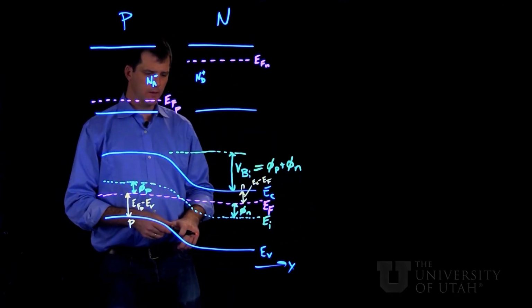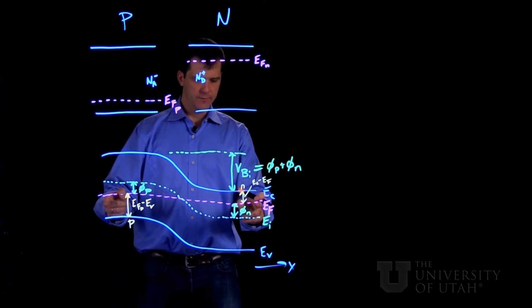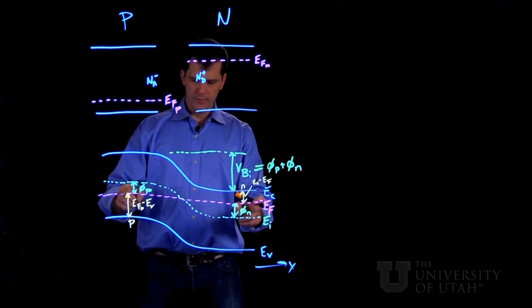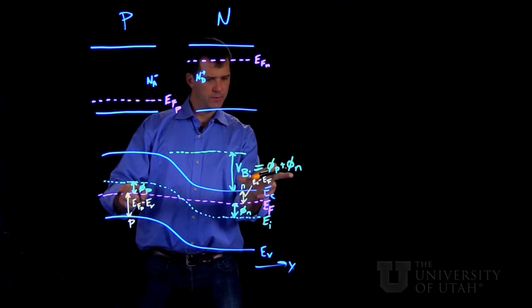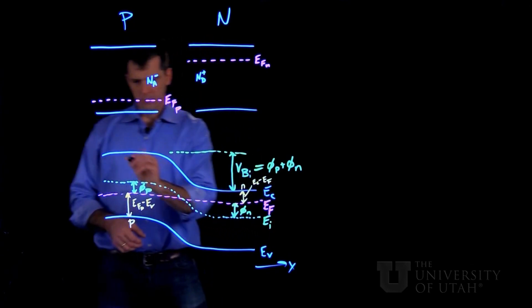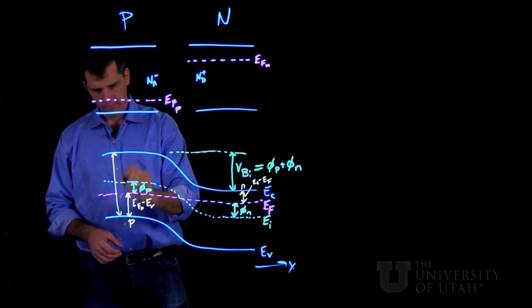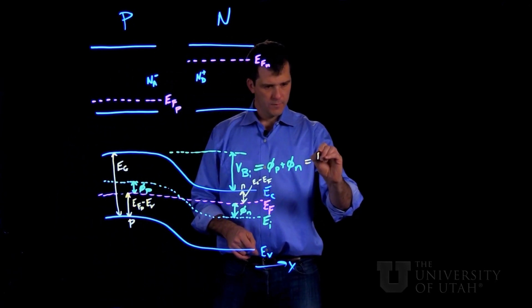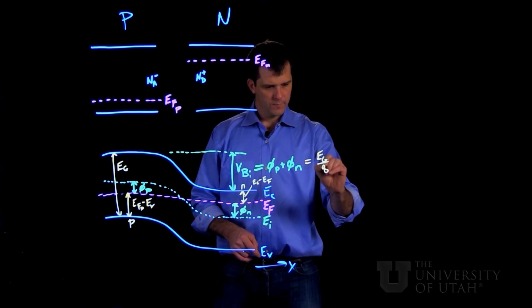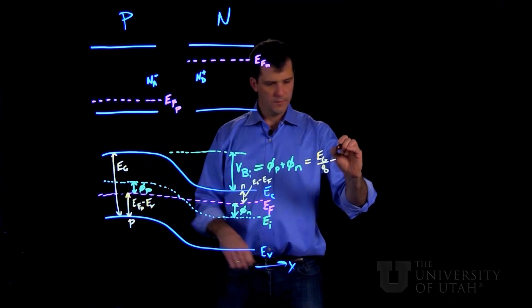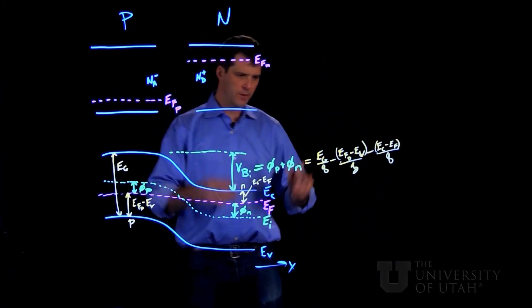So you can choose to calculate the energy differences a few different ways. If you choose to use the EI as a reference, it's a little simpler because the built-in voltage is a simple expression like this, whereas the built-in voltage, if you write it out in terms of the band edges, also has to include E gap. So the expression gets a little more cumbersome because you have to write E gap over q minus this energy difference here. You can do it this way, though.